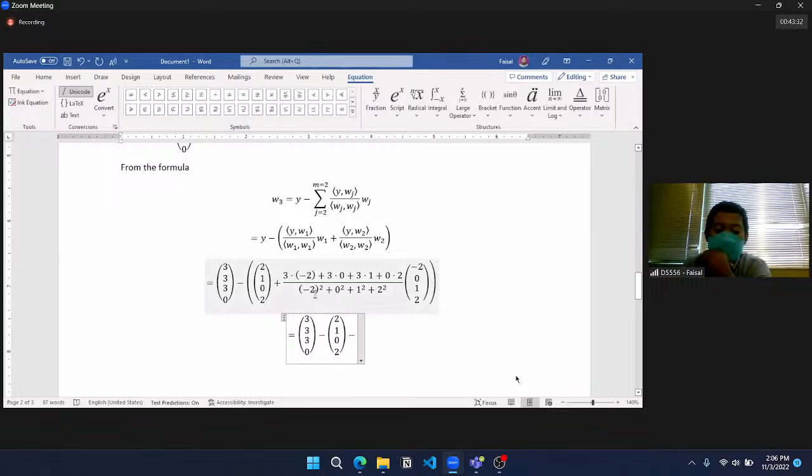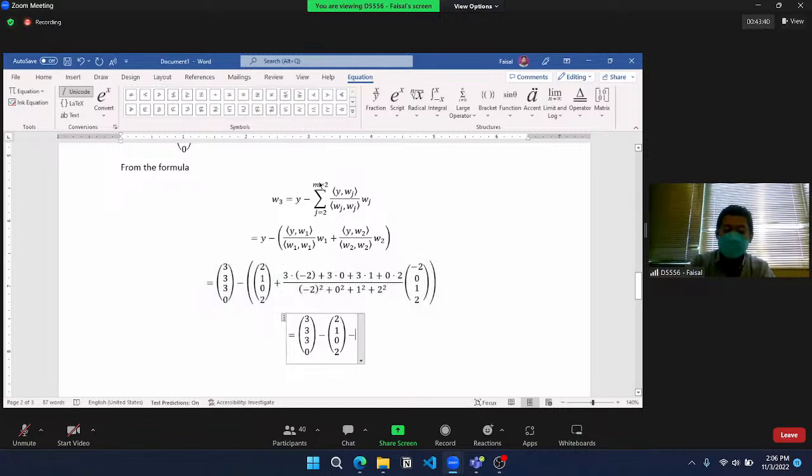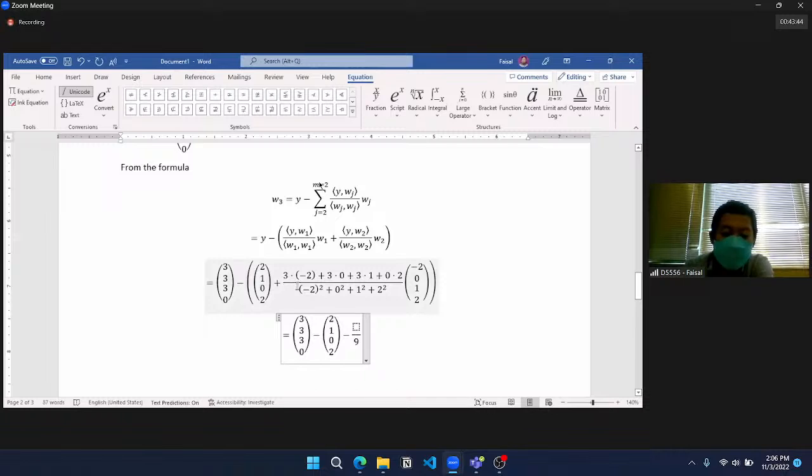Now 4 plus 0 plus 1 is 5, plus 4, 4 plus 0 plus 9. And on the top of the fraction, 3 minus 6 is minus 6 plus 0 plus 3 plus 0.